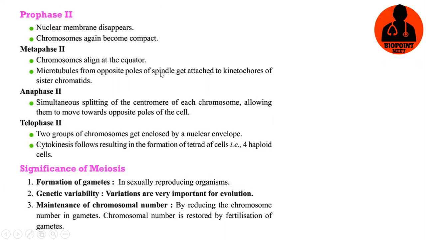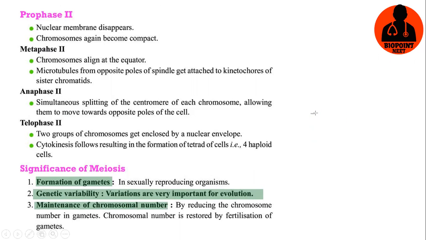If we talk about the significance of meiosis, it is the formation of gametes in sexually reproducing organisms. Genetic variability, and variations are very important for evolution. Maintenance of chromosomal number, by reductional division.